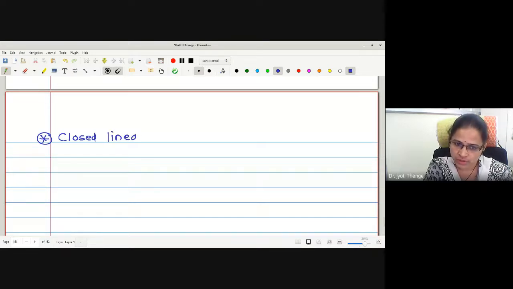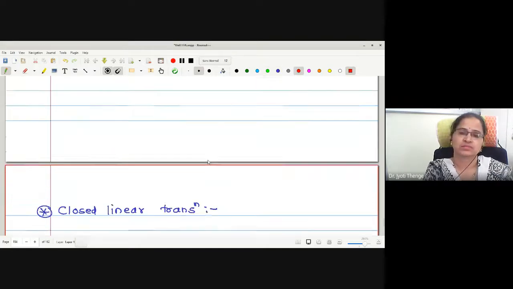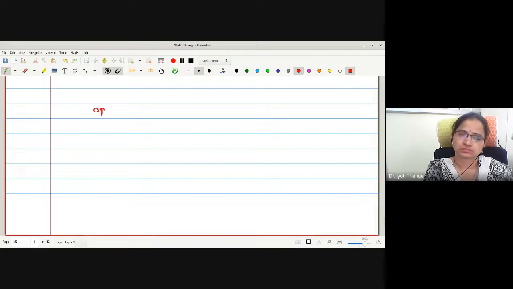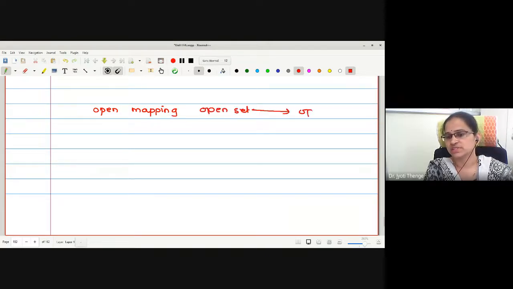How is the open mapping defined? It takes open sets to open sets. This is how open mapping is defined.